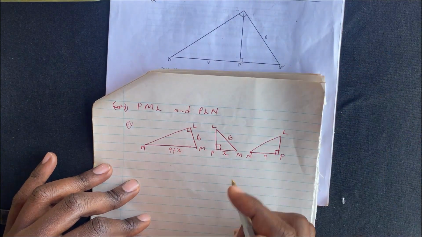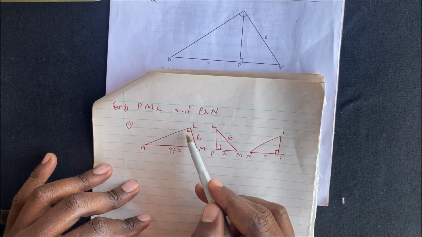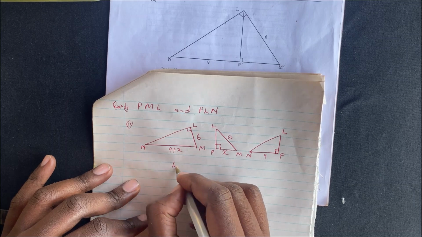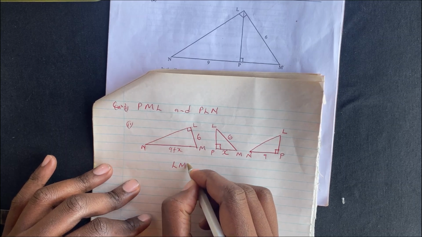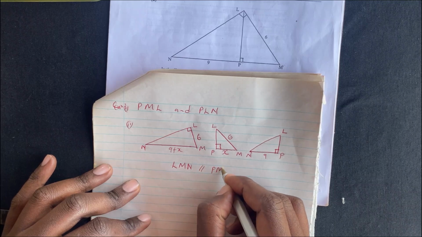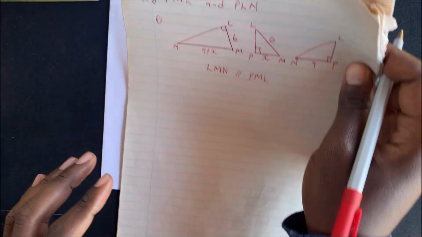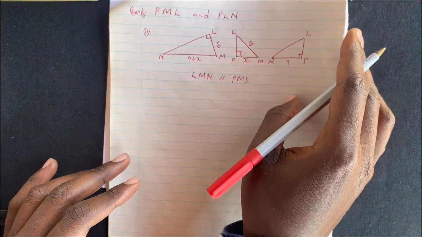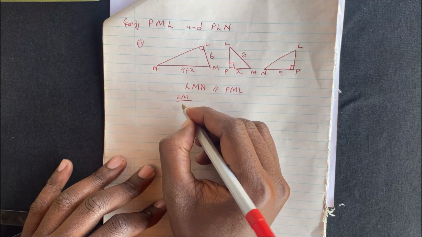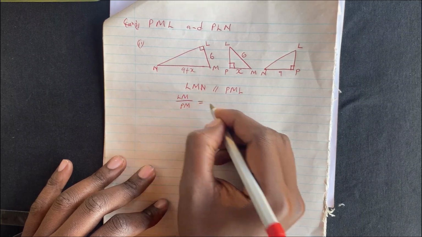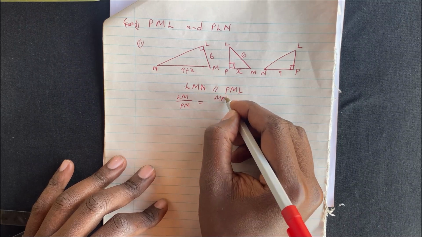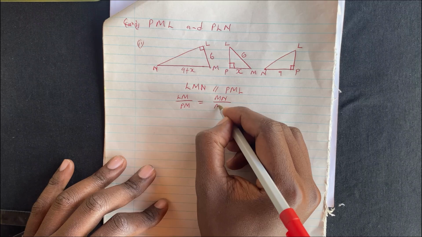So here we are going to use these 2 triangles to compare the sides. So we are going to say triangle LMN is similar to triangle PML. So I can take the sides and say LM over PM is equal to MN over ML.